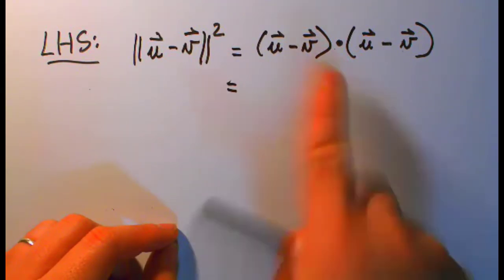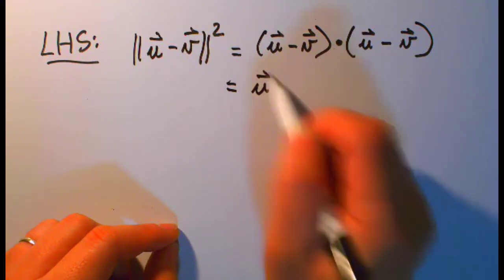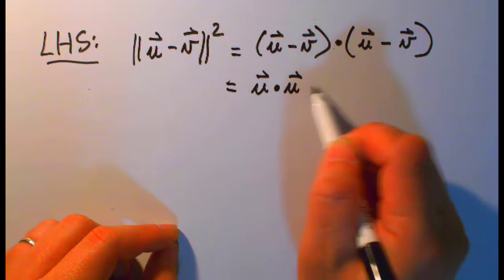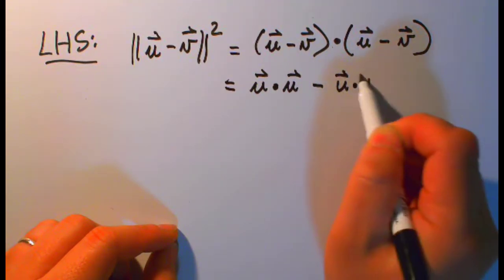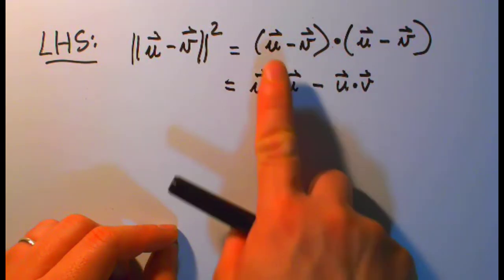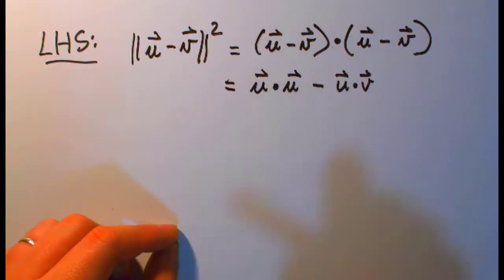And so this consequently gives us u dot u minus u dot v. I would just simply think about the foiling work right here, but we heavily use the distributive law on the dot product.